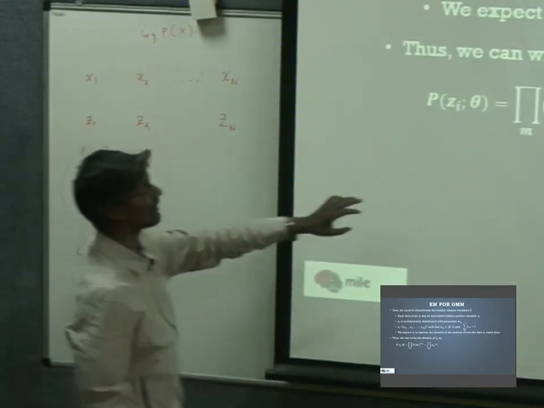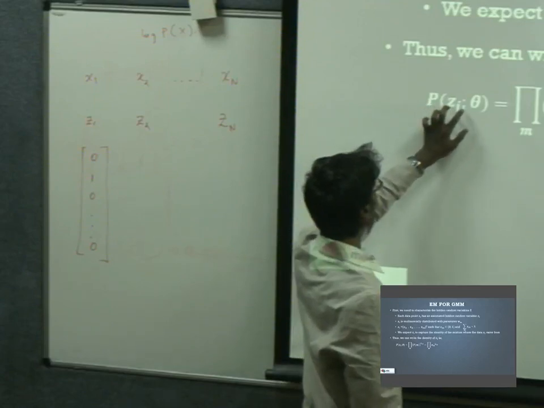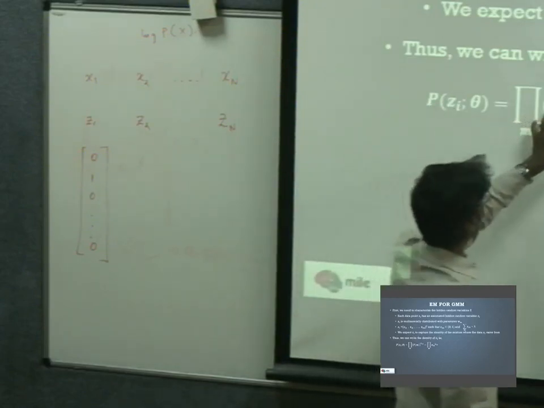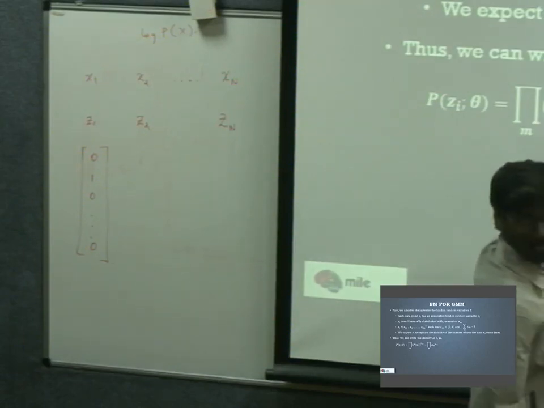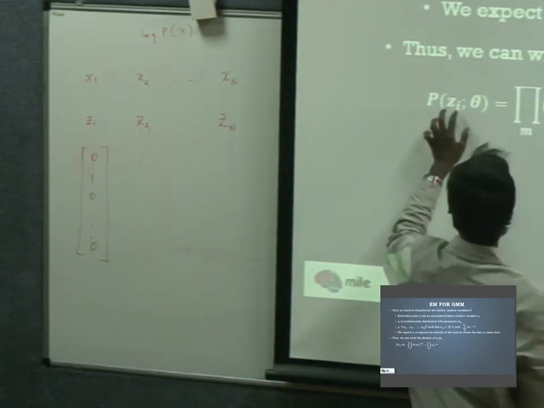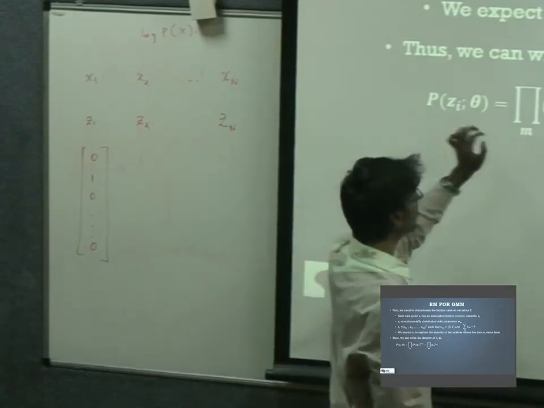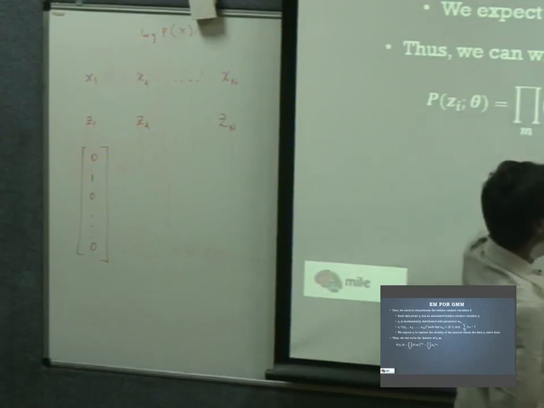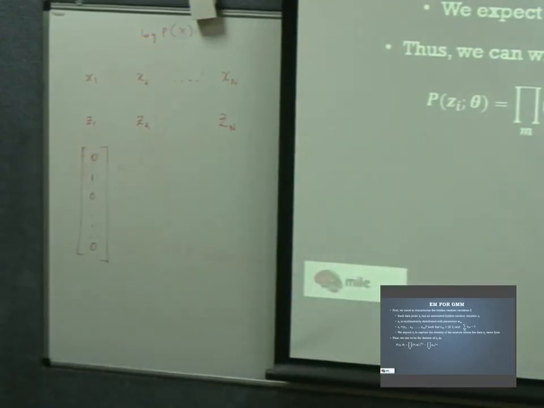So if z_i is equal to m, then you will have only the alpha m term here, because the rest of the z_i's will be 0, and only for the corresponding mixture to which it belongs will you have that particular term alpha. If it belongs to the second mixture, it will be alpha 2. If it belongs to the third, it will be alpha 3, and so on. That is how we define z in this way.